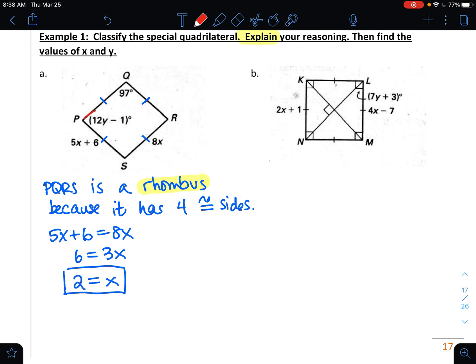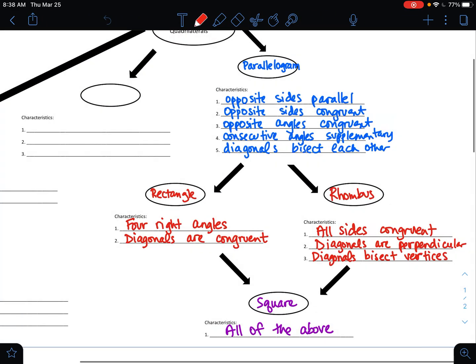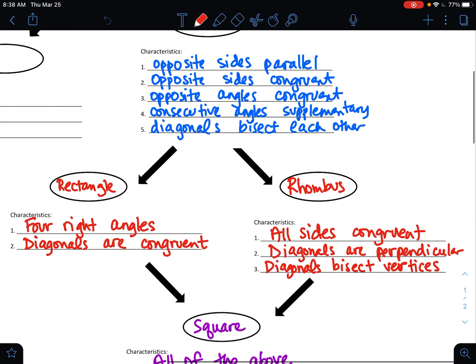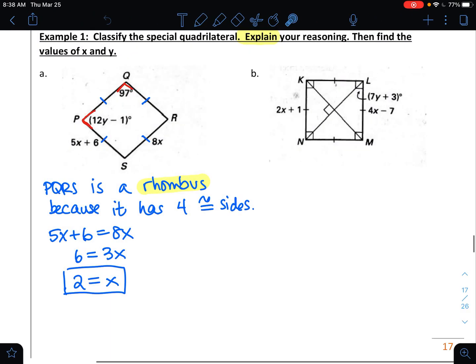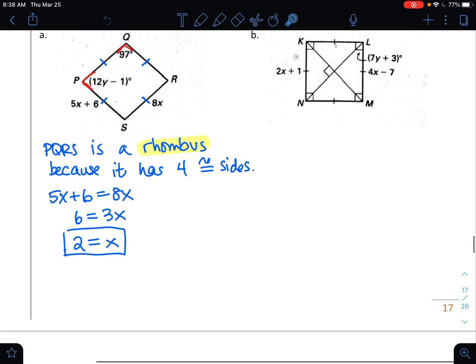All right, for y, y is along an angle here, and the only other angle I have is over here. Because a rhombus is also a parallelogram, I can use parallelogram properties. I know in a parallelogram that the consecutive angles are supplementary. P and Q are consecutive angles, so I can set up a supplementary relationship in order to solve.